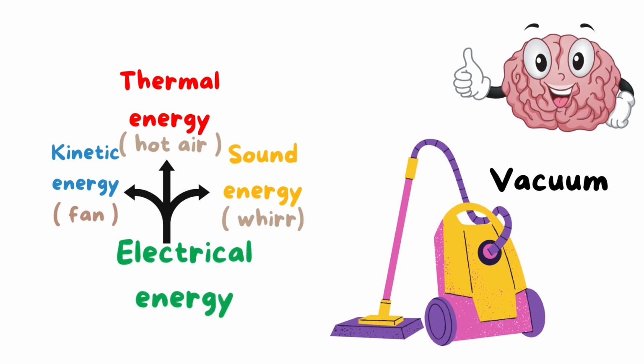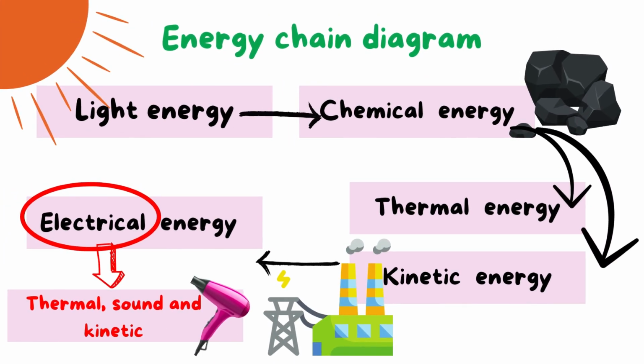So here we can make a diagram for what we said. Light energy changes into chemical energy in the coal, and this chemical energy changes into thermal and kinetic energy in the power plant, and then the kinetic energy transforms into electrical energy, and the electrical energy here in the hair dryer, what happens?